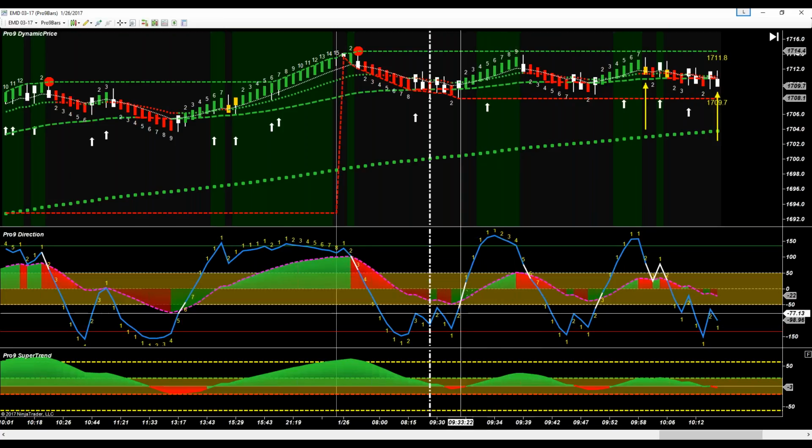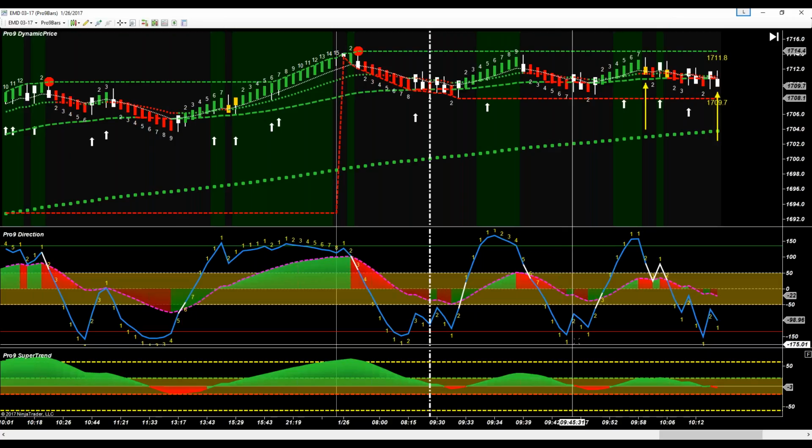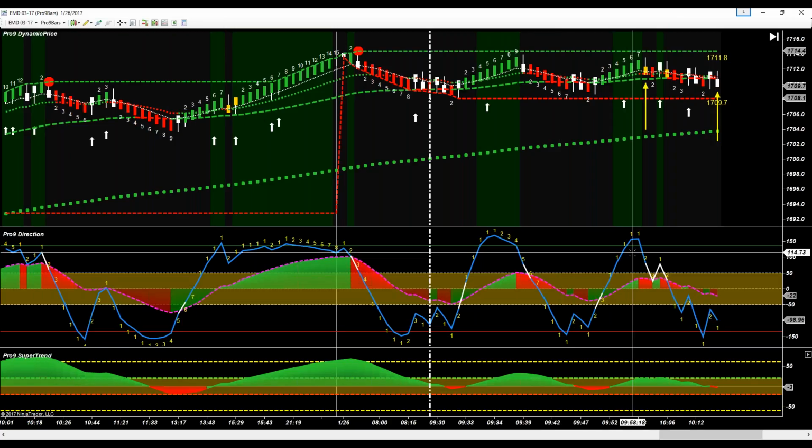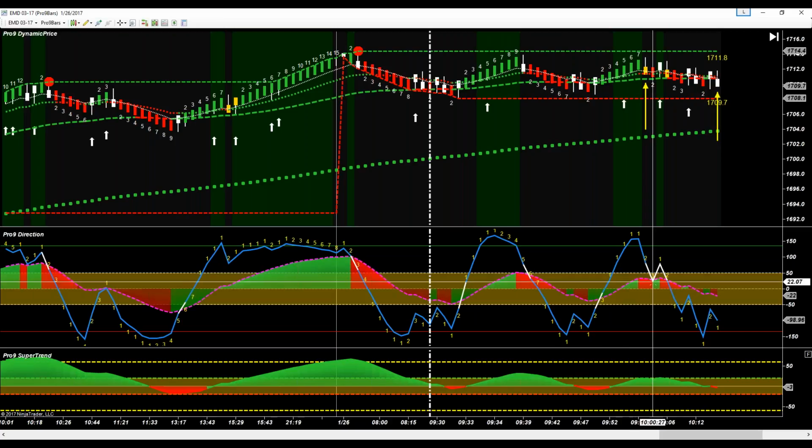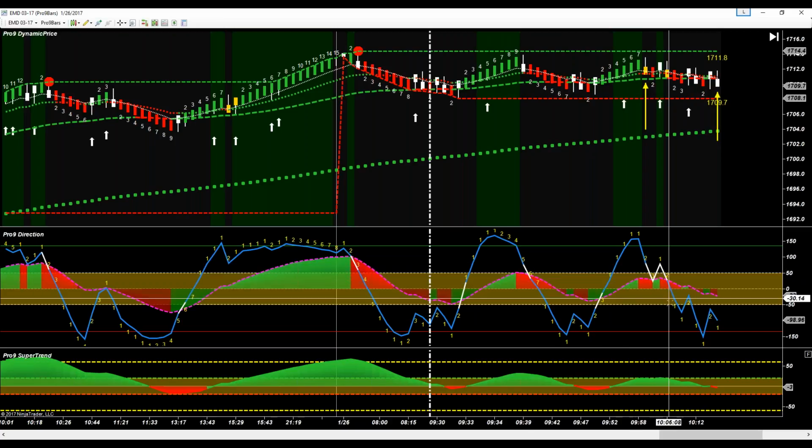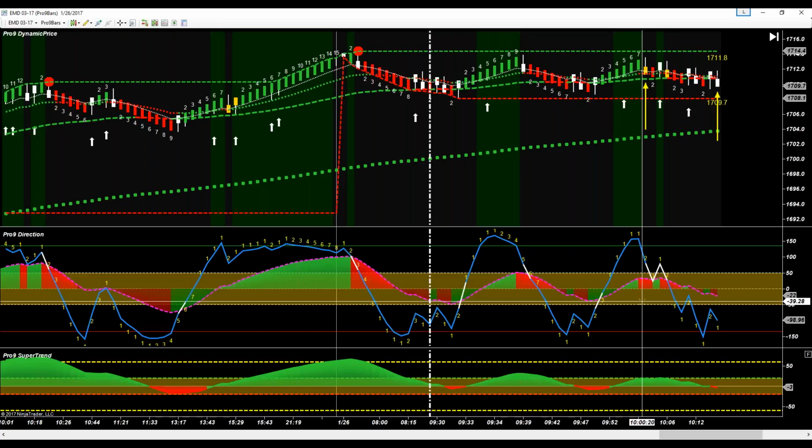We really want to see the blue line traveling fairly consistently throughout the day, back and forth. Here we get to a little period where we just kind of start hanging around the middle of the neutral zone. And that's really not something we want to see. That's usually the strongest indicator that we're heading into a choppy market condition.